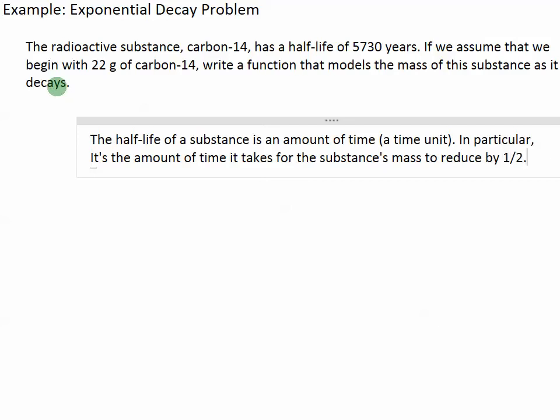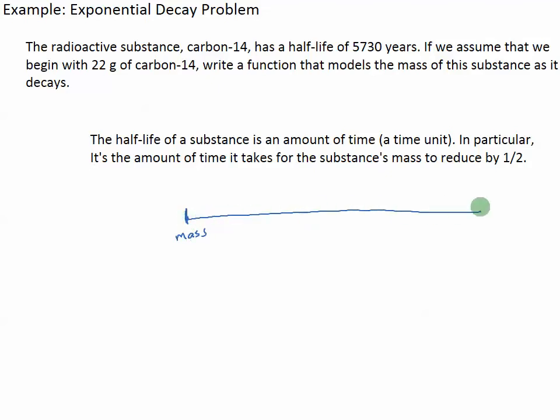So, for example, the half-life of this substance is 5,730 years. So if we start with some mass here, we have some starting mass, and 5,730 years elapses, then the mass after that amount of time will be half of what we started with.